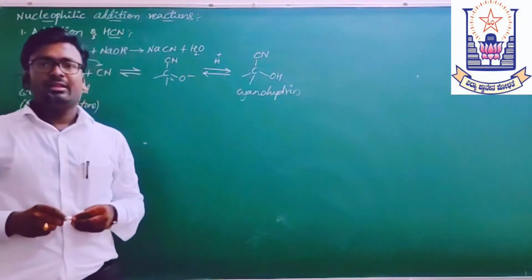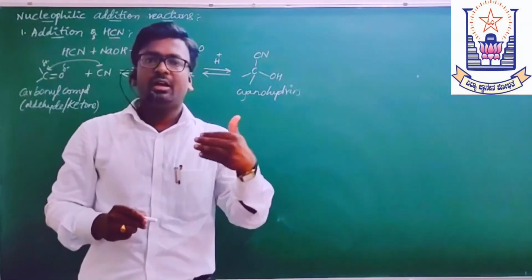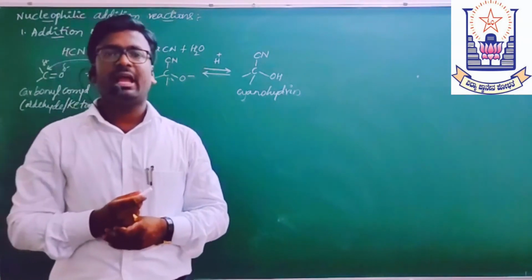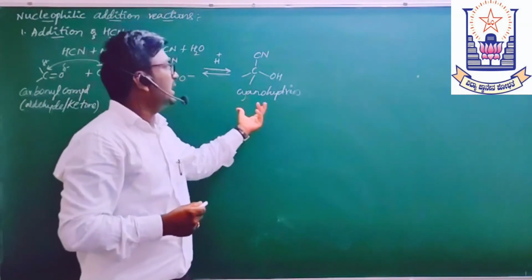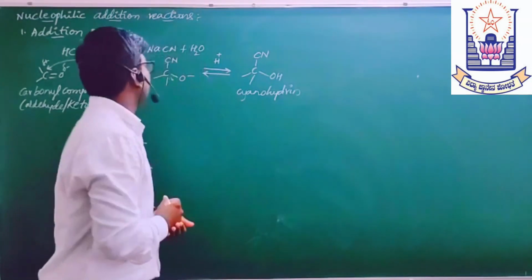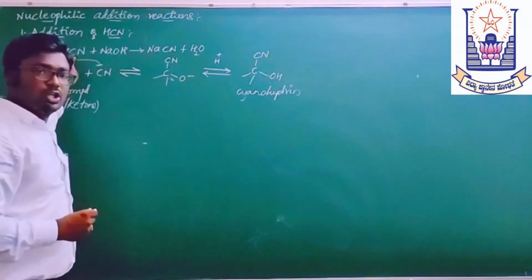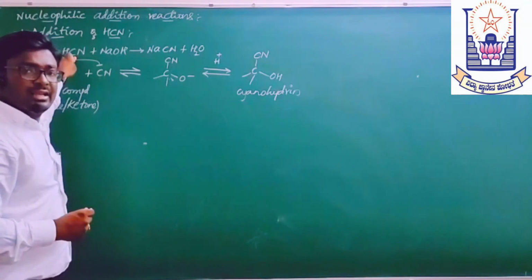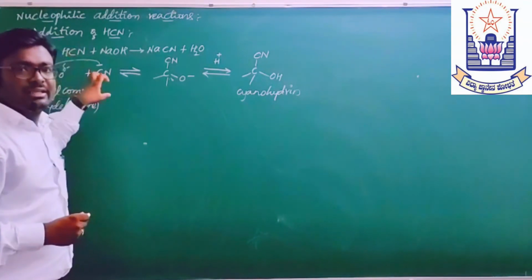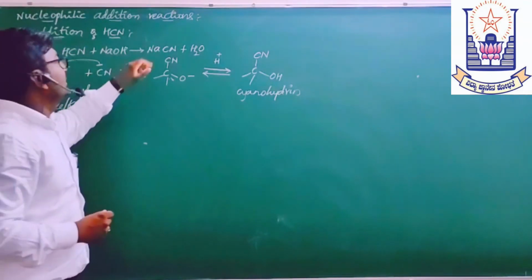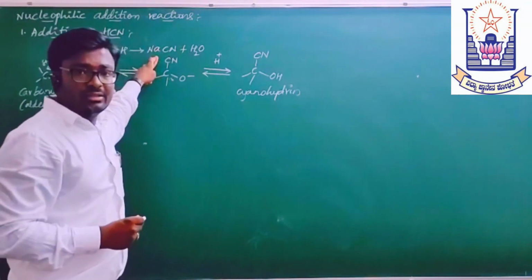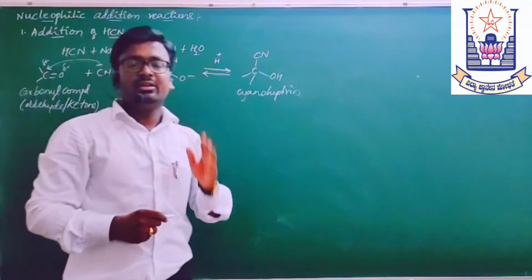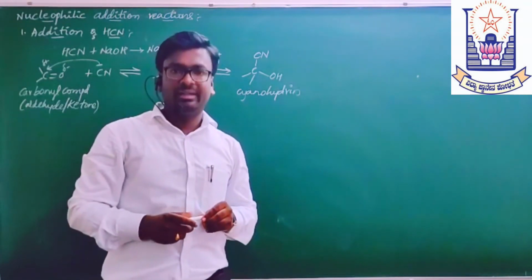So when the carbonyl compounds are treated with hydrogen cyanide, we get cyanohydrins. Here hydrogen cyanide is covalent and less nucleophilic in nature. NaCN is the ionic one, so it donates the nucleophile readily.